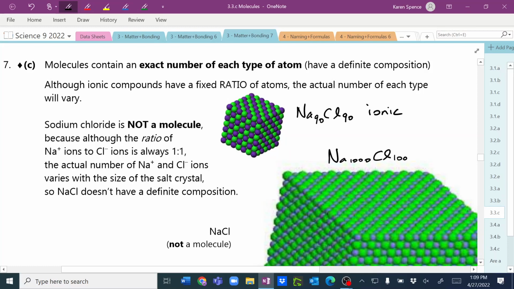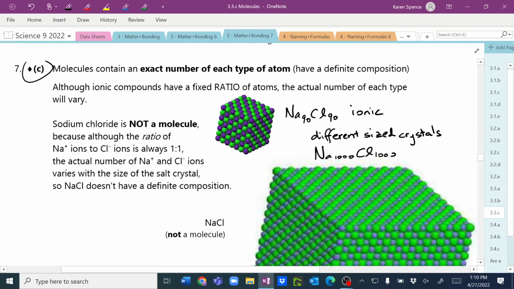And so that is not a molecule because it can have different sizes. Okay, that is though an enriched point. So if you're not interested, don't worry about it.